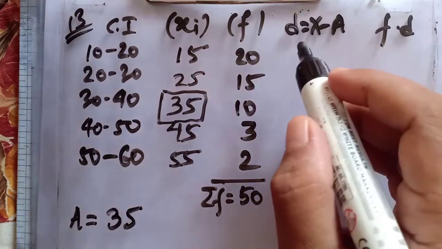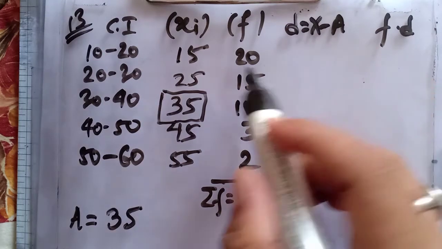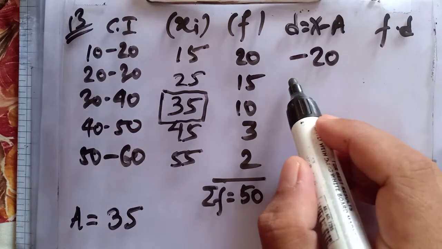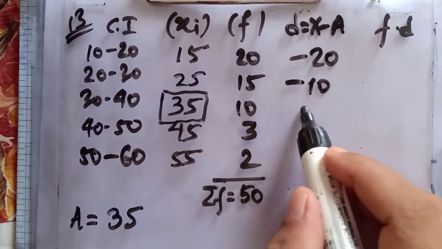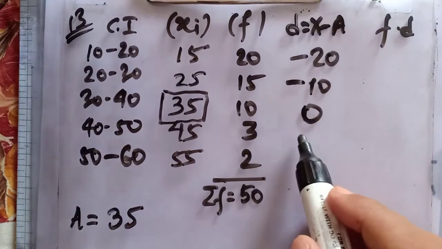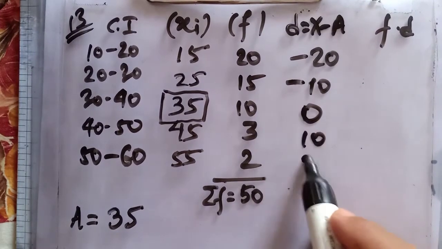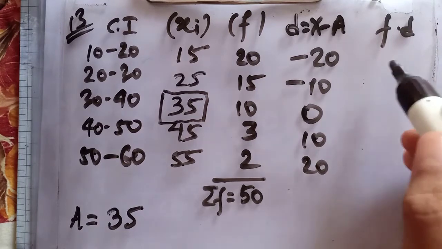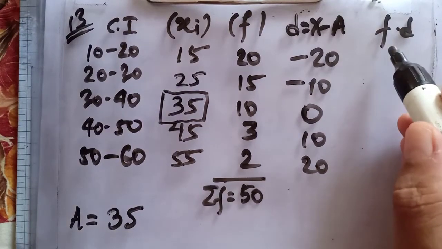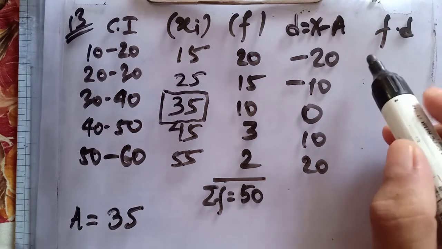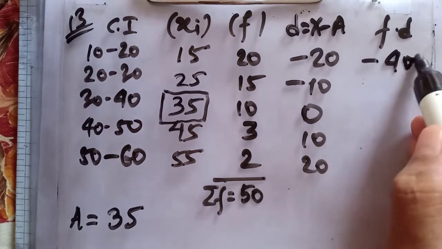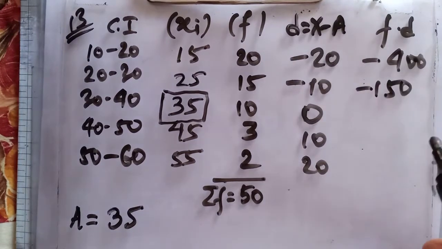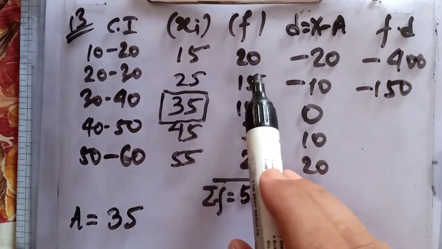Now for d equals x minus a, so 15 minus 35, you get minus 20, then minus 10, 35 minus 35 is 0, 45 minus 35 is 10, and then 20. Once you get the values of d, you prepare the column f into d. So f into d comes out as minus 400, minus 150. F into d means, you understand, this is f and this is d.